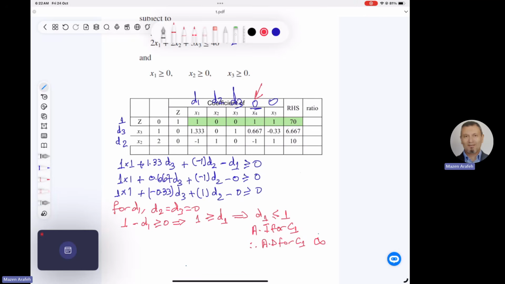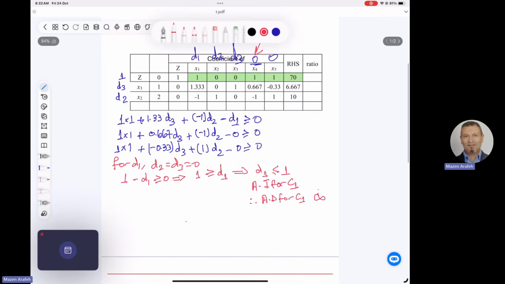Now let's continue with the other terms. So now we want to do D2. For D2, we are going to set D1 and D3 equal to 0. So now we need to solve this for D2. Let's go again from the first equation.